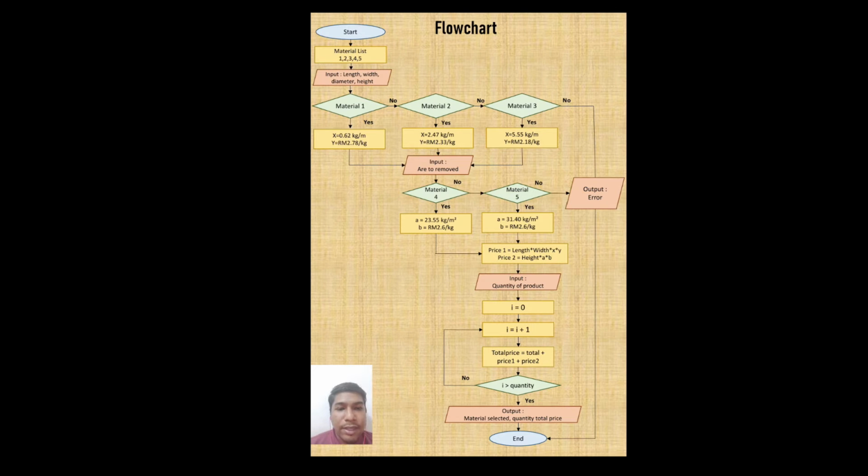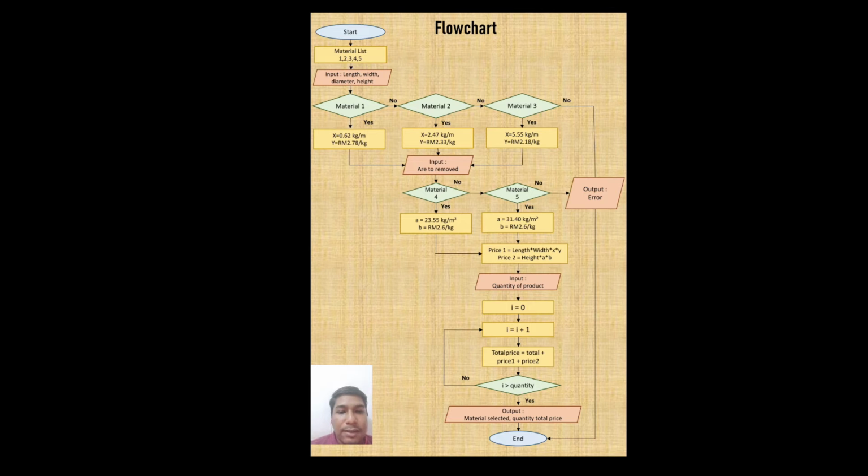If we choose material 5, A equal to 31.40 kilogram per meter square, and price B equal to 2 ringgit and 60 cent per kilogram. If we state other than 4 or 5, the output will display error.